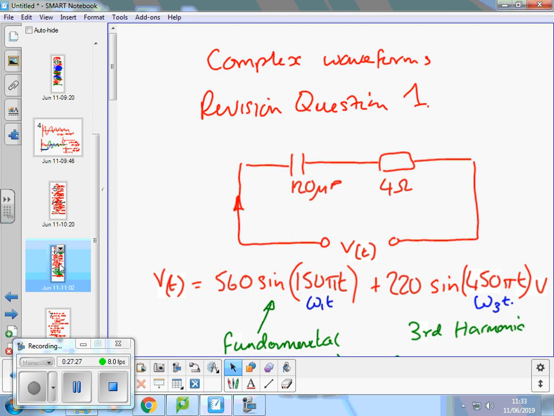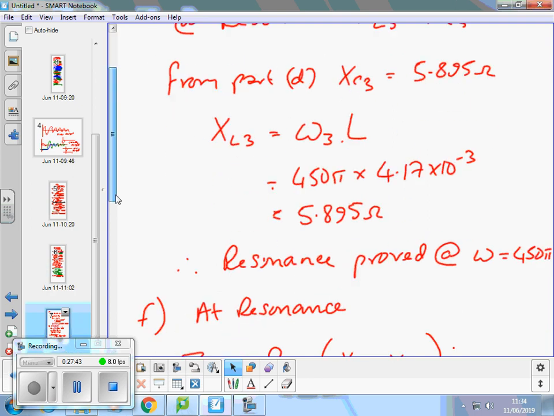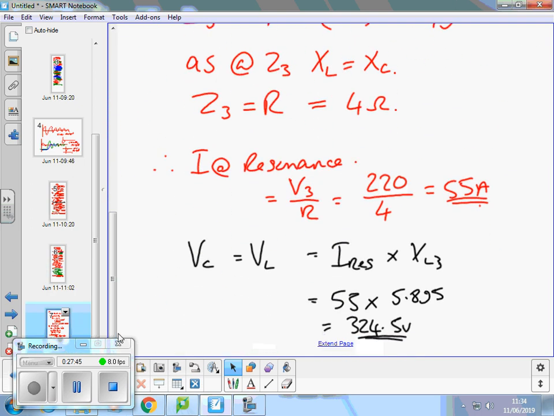If you think about it, the capacitor would have been designed for 560 volts here anyway. But what you must remember, where we calculated in the second part that voltage, that's the voltage due to the unwanted third harmonic. The voltage due to the fundamental across that component could be added or taken away from that at any point in time.